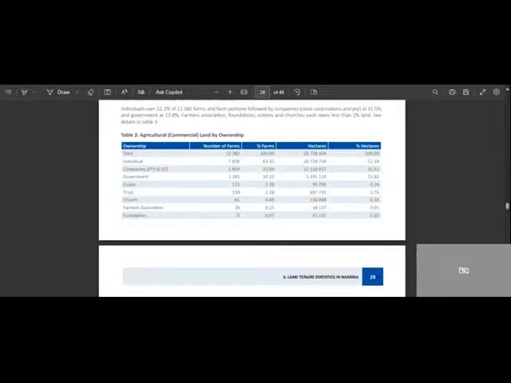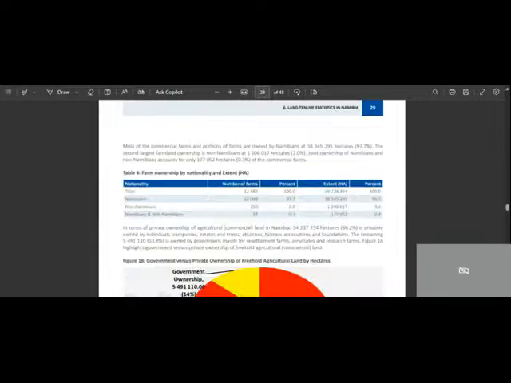And look at this. This is only 5.4 million hectares of land. The rest is gone. The government can only get their hands on 5.4 million hectares.